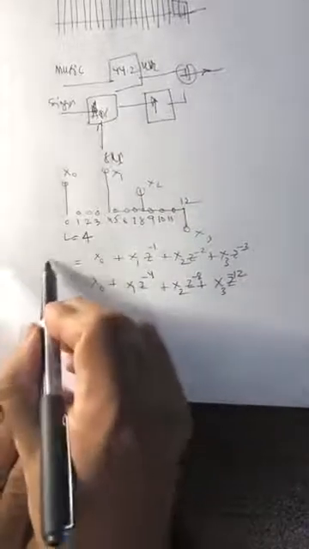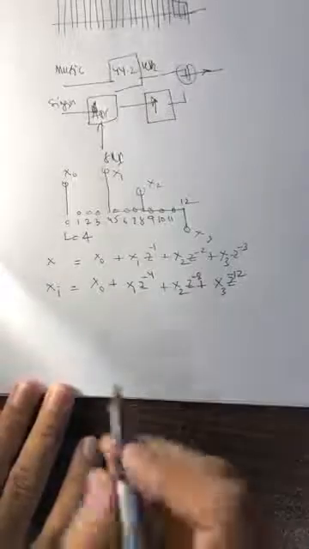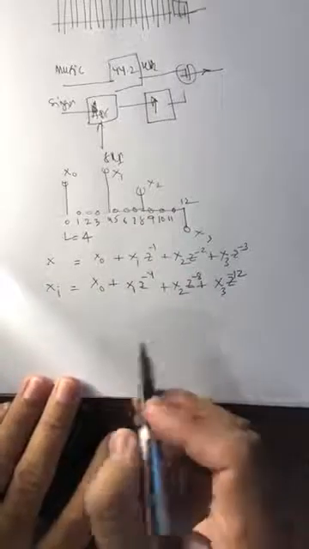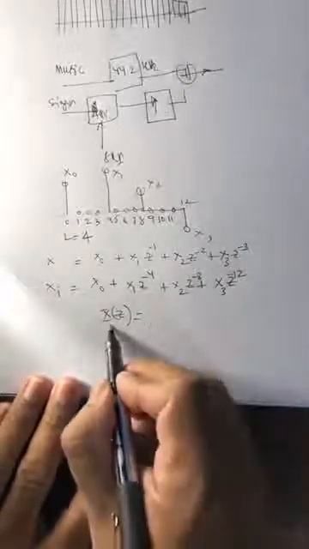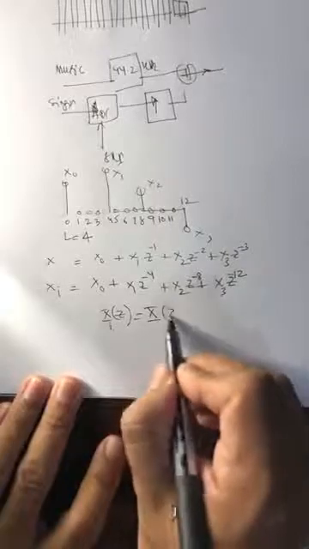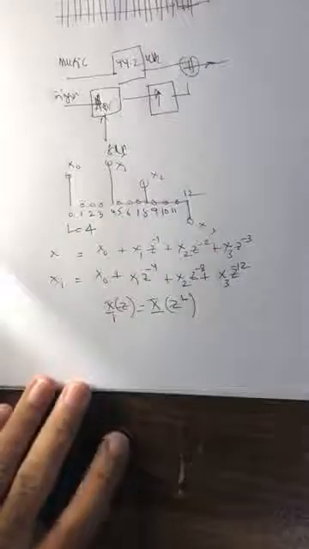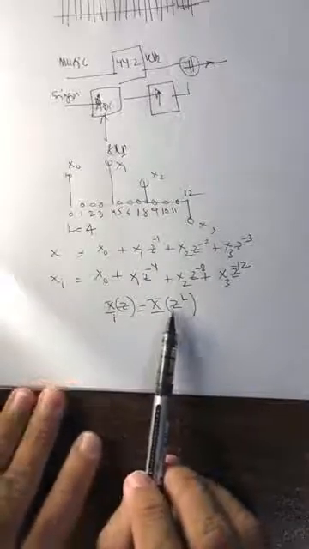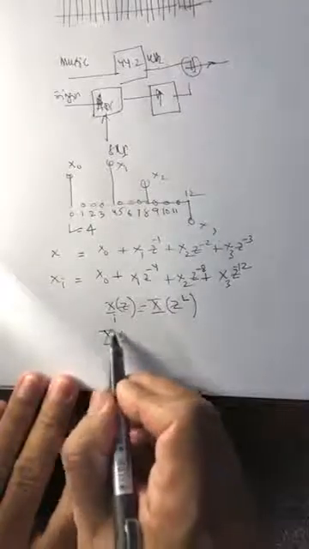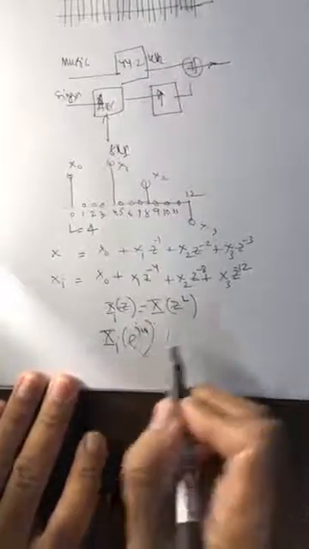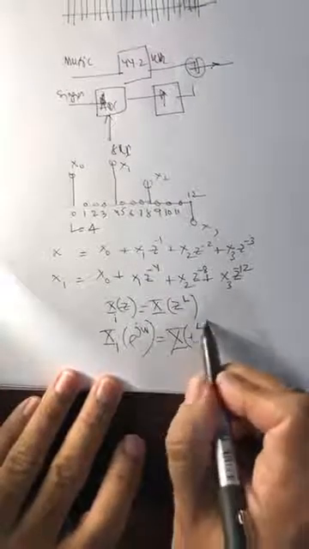if this is my X and this is my interpolated Xi, the relationship is that Xi of z is X of z raised to the power L. So this is the relationship, that once you insert zeros, every z is going to be a power of L, or the Fourier transform will be Xi of e to the j omega equals X of e to the j L omega.